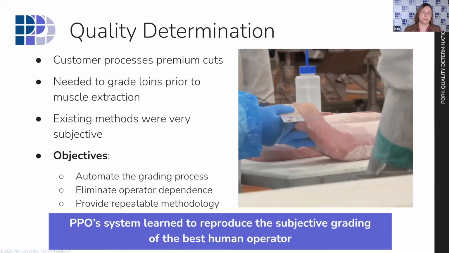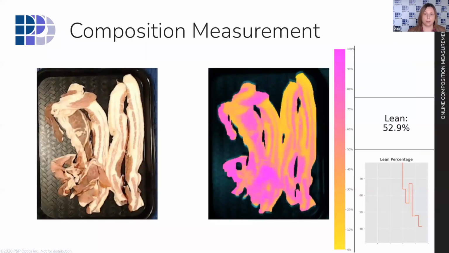Finally, the quite interesting aspect of hyperspectral imaging is something like quality determination, where it's possible to attach chemical information of the spectrum and correlate it to quality measures. So for example, here we were able to grade pork loins for their water holding capacity and their ability to be tender. The same system can not only find foreign objects and quality, but can also measure chemistry and composition measurement.